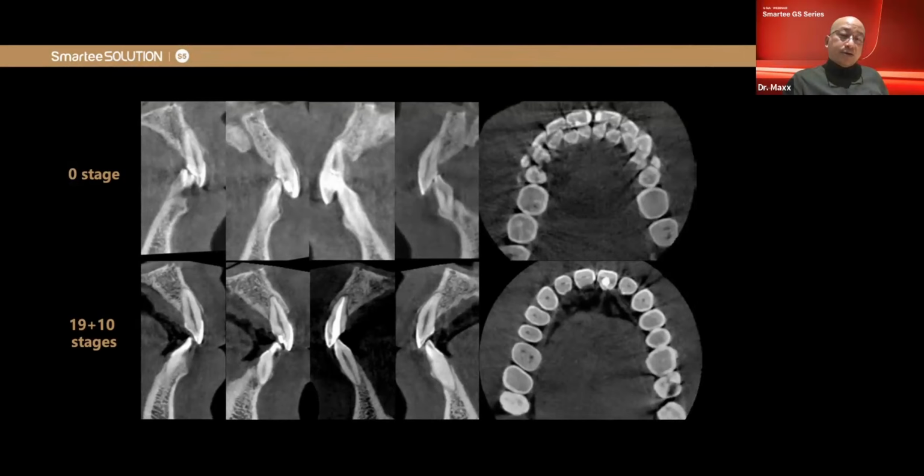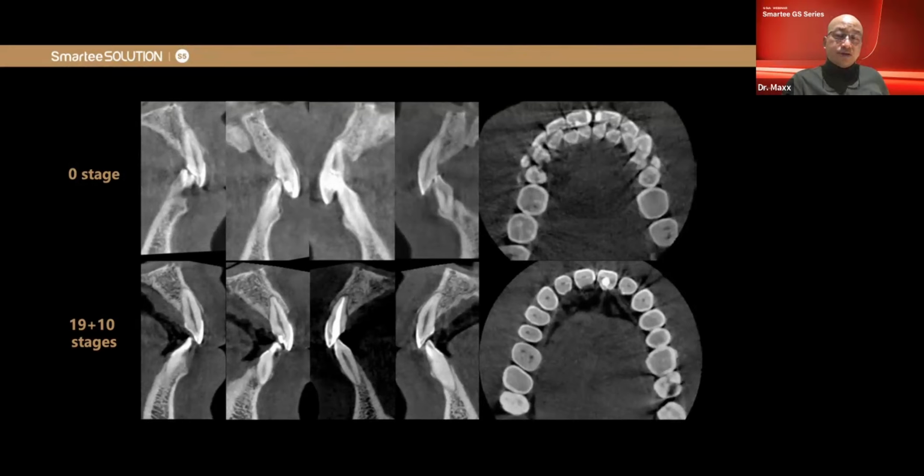Let's take a look at the stages before and after. Could you imagine the result before treatment? No, I think no one could imagine the result except me, because I did it.